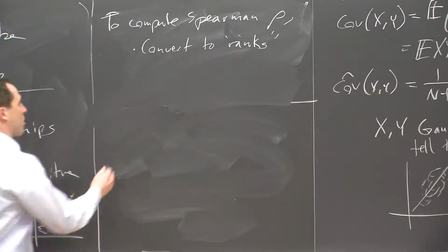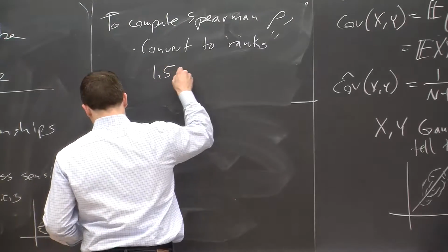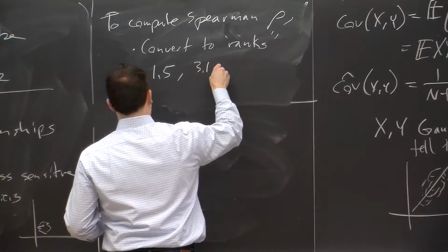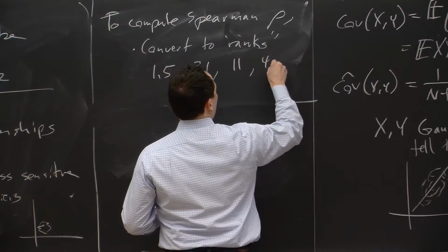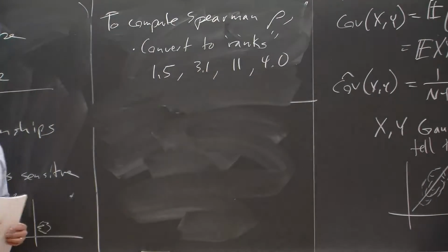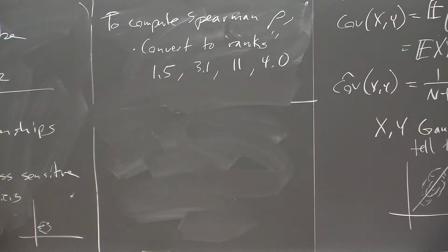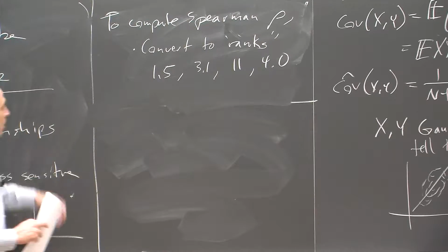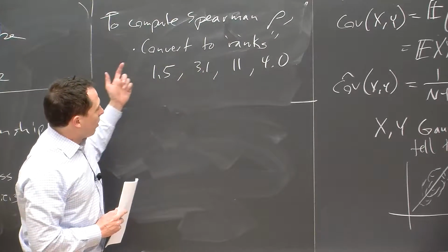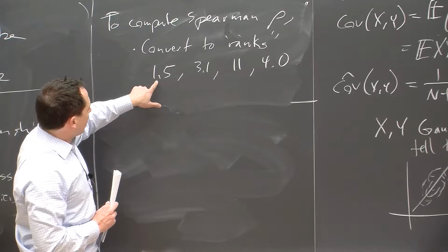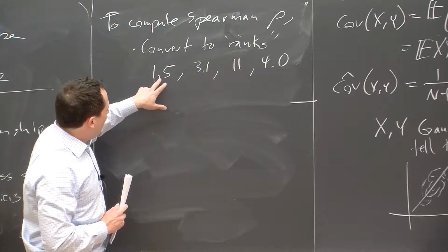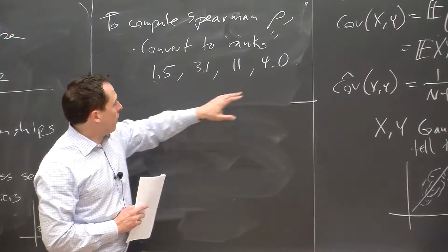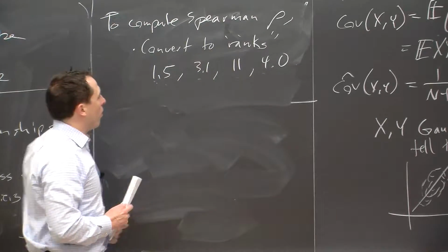What do I mean by that? So suppose I have some data: 1.5, 3.1. For a second now, let's think of our observations as being continuous, not chunked, not interval. So I measured, I don't know, cholesterol or some other level in the dependent variable or independent variable, and I get just real numbers: 1.5, 3.1, 11, 4.